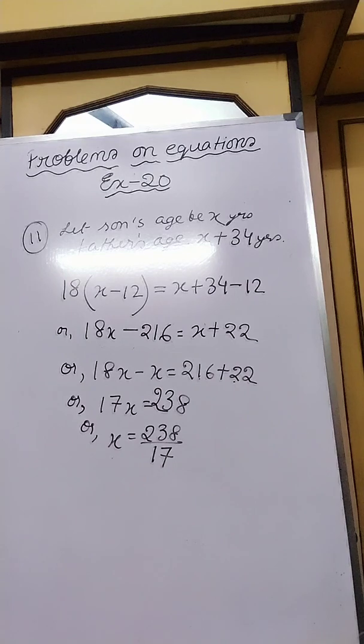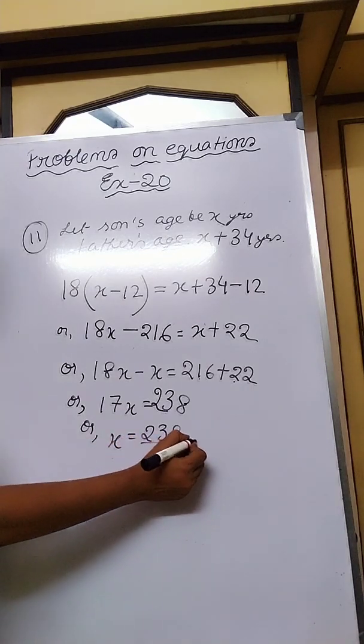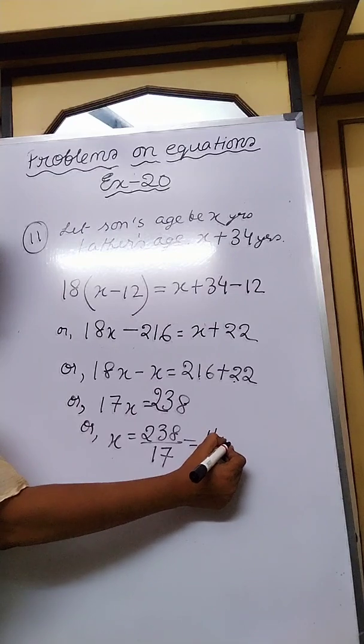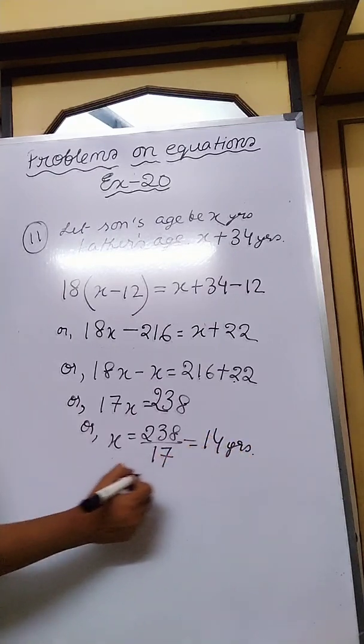Now you have to divide 238 by 17 to see 14. It is coming 14 years. x equals 14 years.